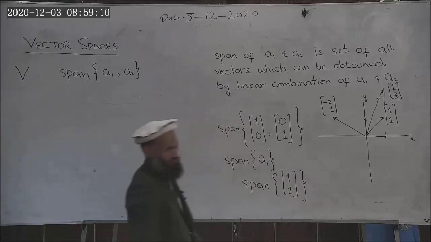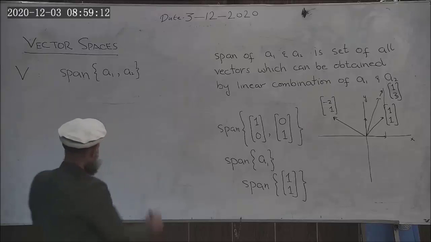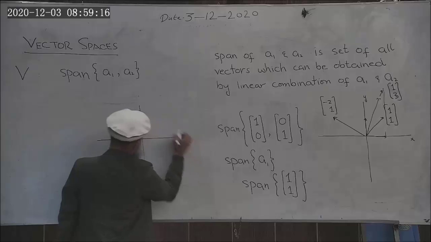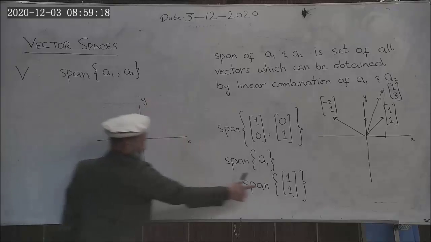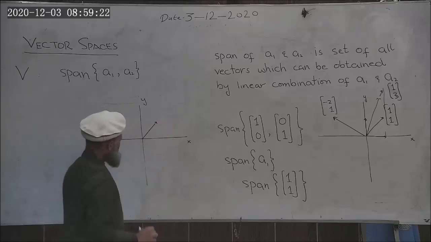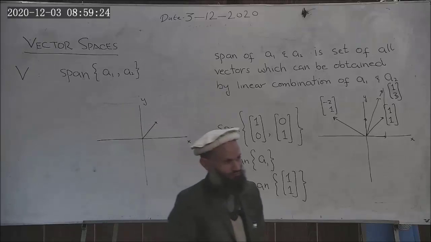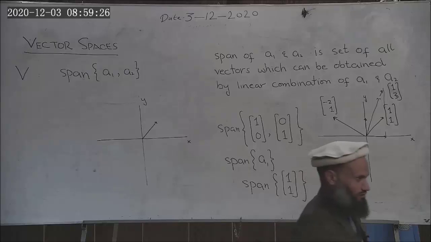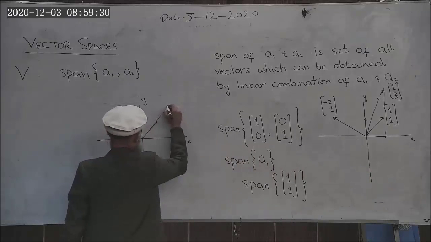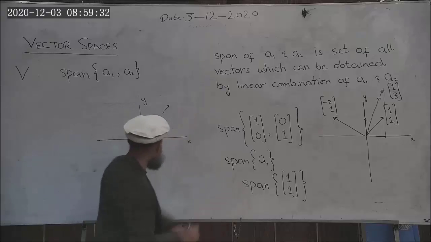What is the span of this vector? If I sketch this vector in this plane x, y, where is this vector? 1 1. What is the span of this vector? This vector can be generated from this vector.